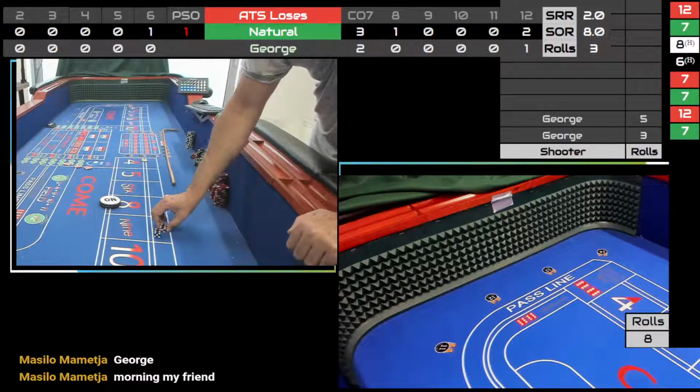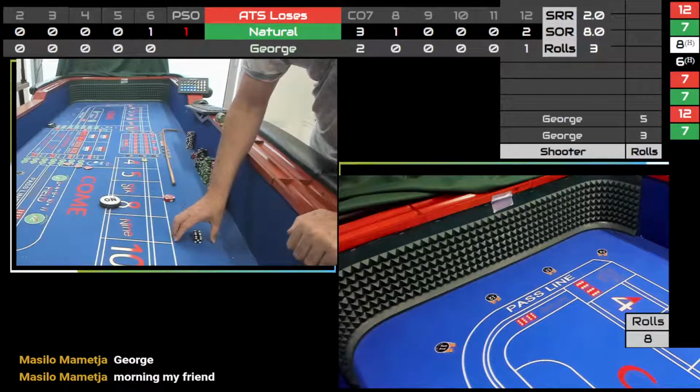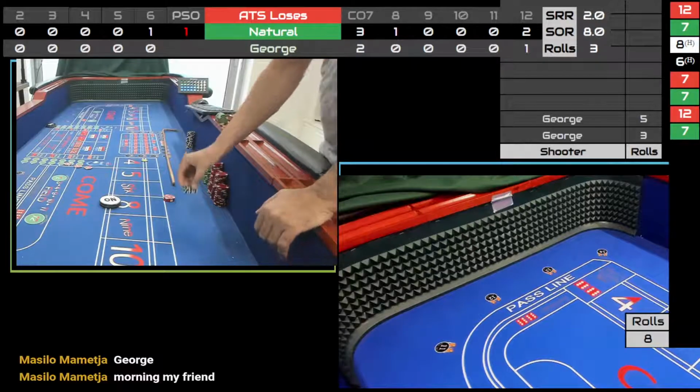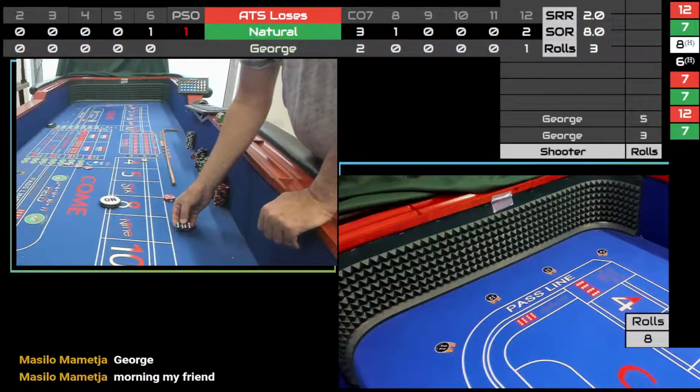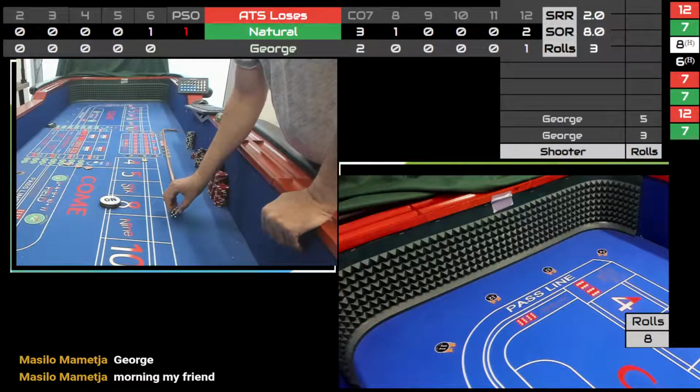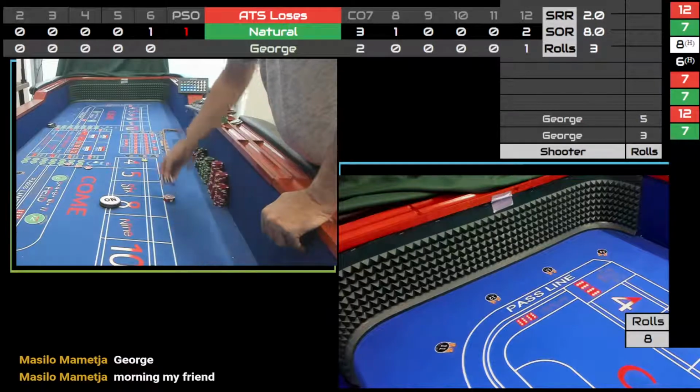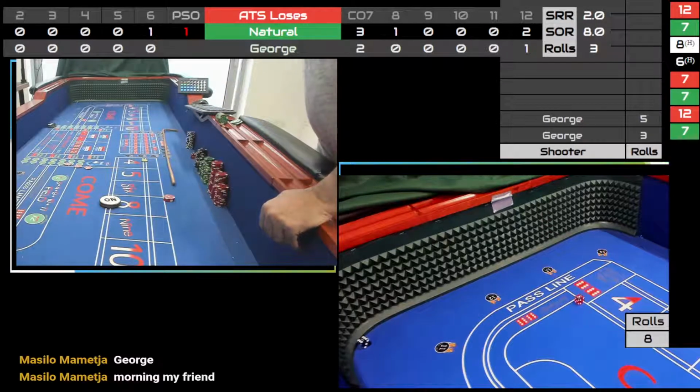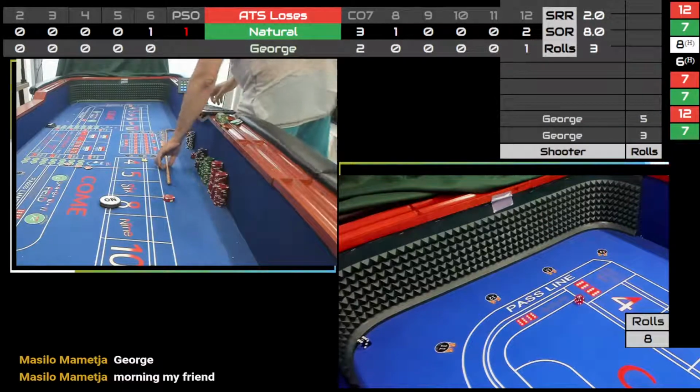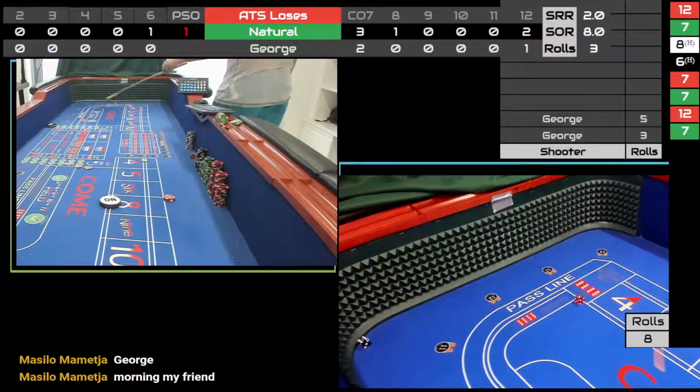Give it a chance for 6-4-6. One. Unbelievable.